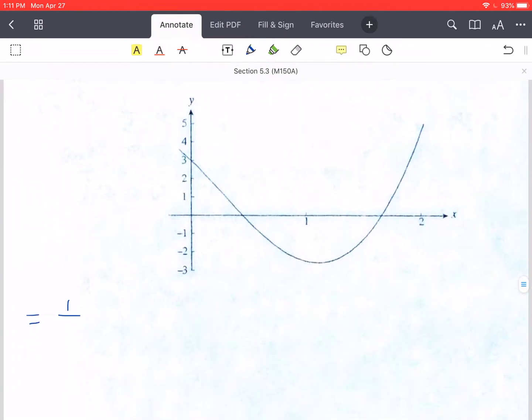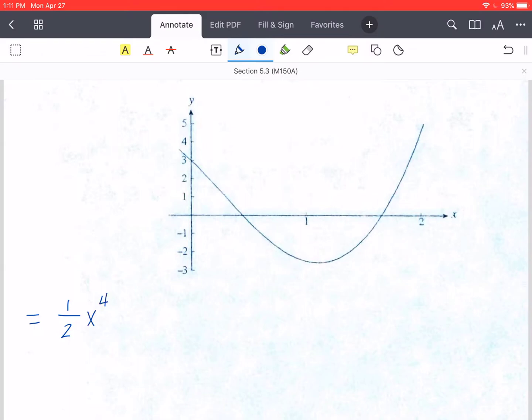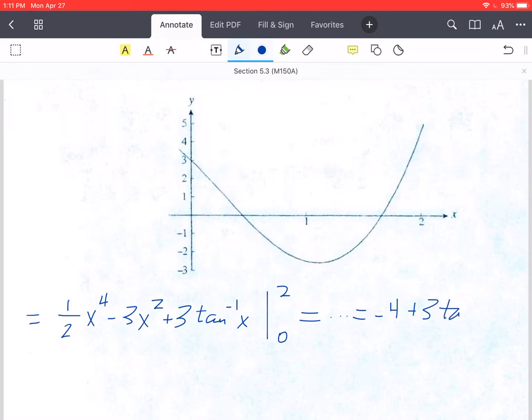So we have 1/2 x to the fourth minus 3x squared plus 3 inverse tangent of x, evaluated this time from 0 to 2. Evaluate that, we get -4 plus 3 inverse tangent of 2. That would be our exact answer.